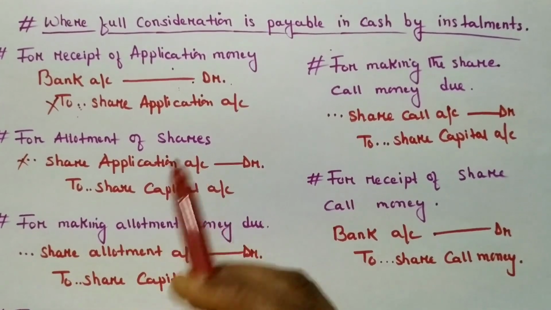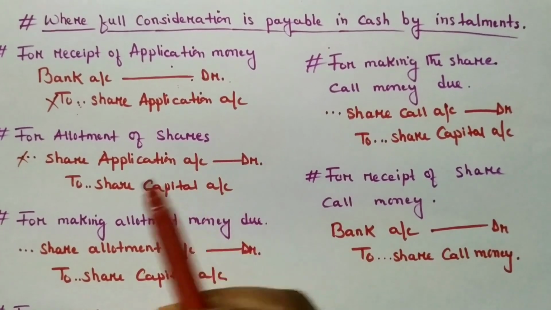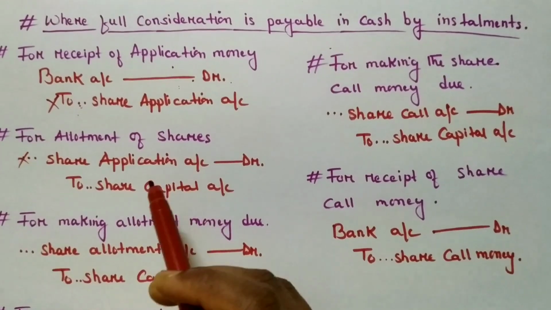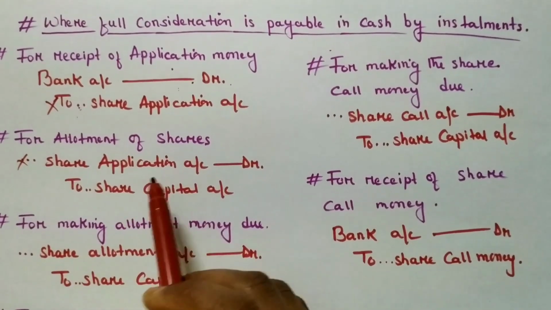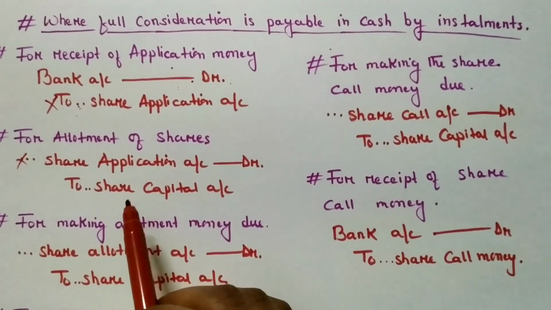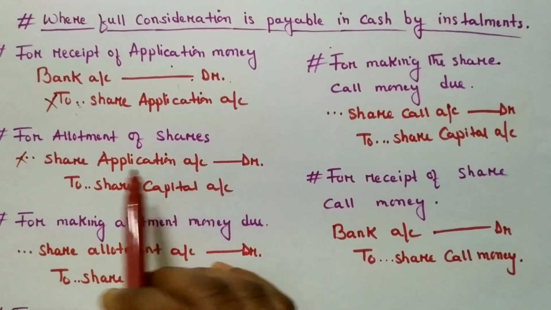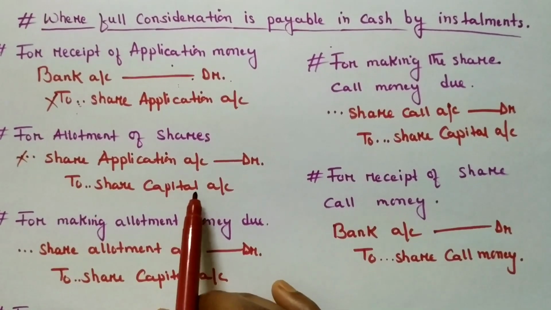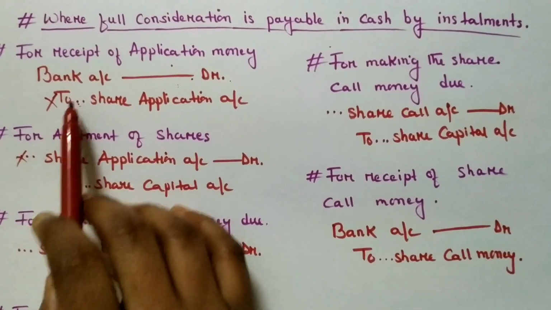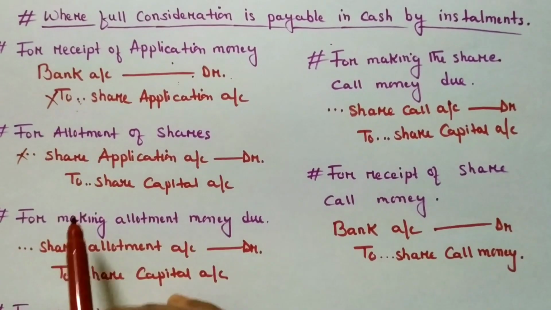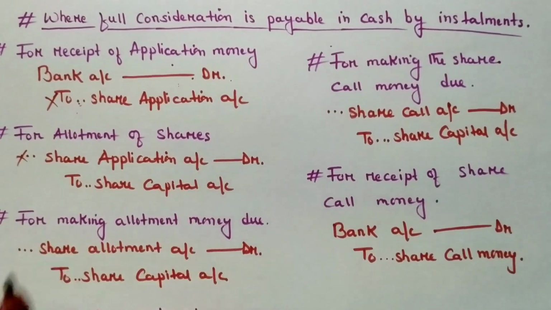In fact, it is treated as deposit money and is credited to a separate account called share application account till the shares are allotted. After shares are allotted, share capital account is credited, and the share application account will be cancelled, and bank and share capital will remain.